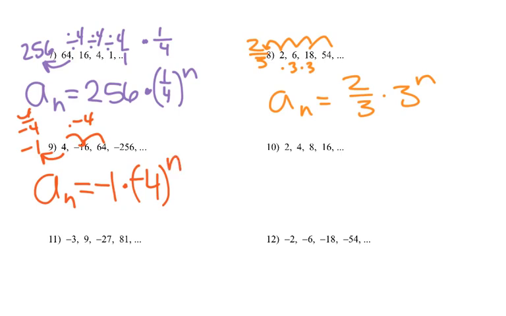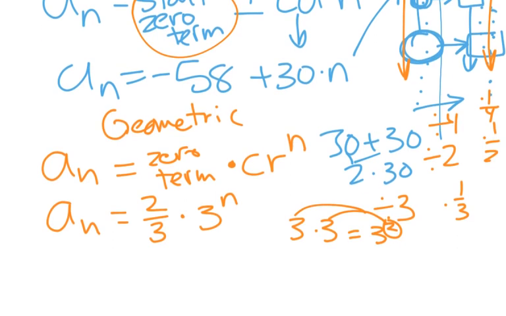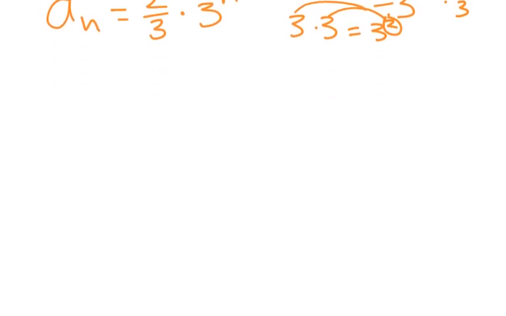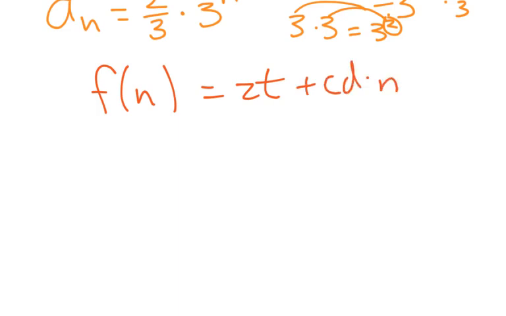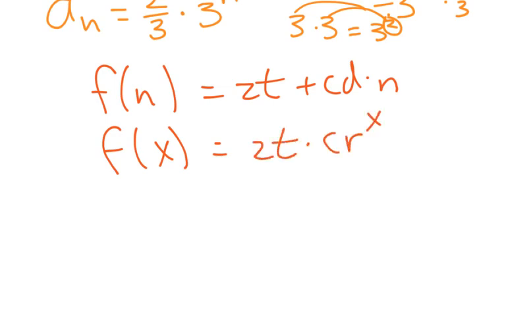Oh, one more thing to mention. We do see these explicit equations a lot of different ways. We can do f of n equals the zero term plus common difference times n. We can do f of x, zero term times constant ratio to the x power. Make sure whatever's in here, if you're using the function notation style, matches the same variable.